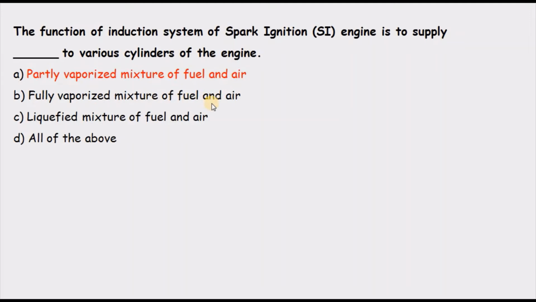Fully vaporized mixture of fuel and air: in order to vaporize the fuel completely, it will require a huge amount of heat, and that much heat is not available in the air.